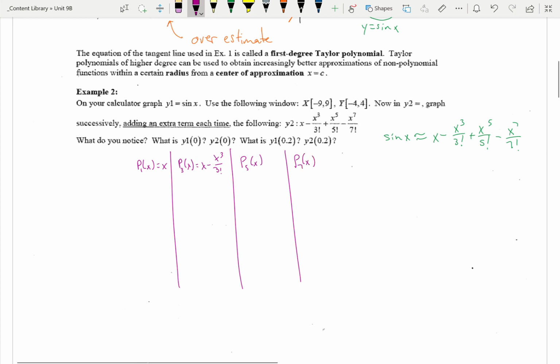And then also, finally, compare that to the actual function that we're approximating, which is sine of x. And what are we comparing? We're comparing these values when x equals 0 and when x equals 0.2. And try to make some predictions as to what's going to happen before you actually do this, and then go ahead and fill out the chart and see if your prediction holds.